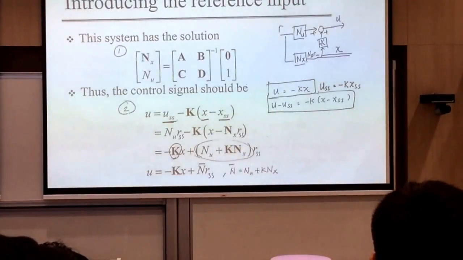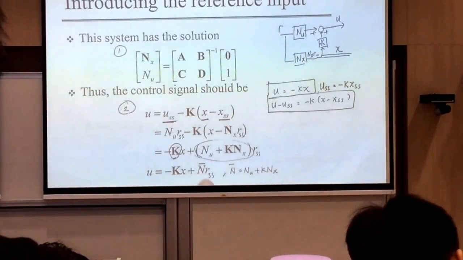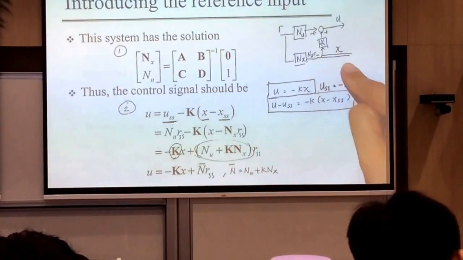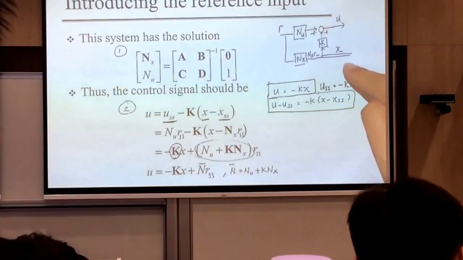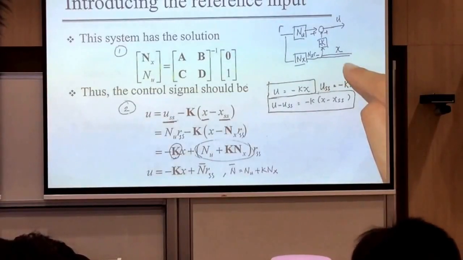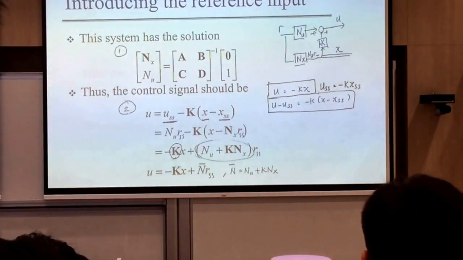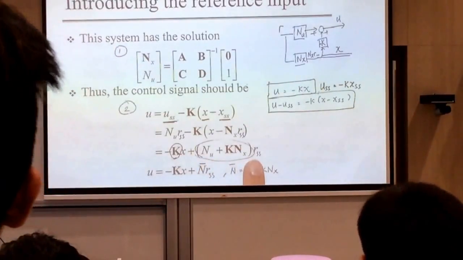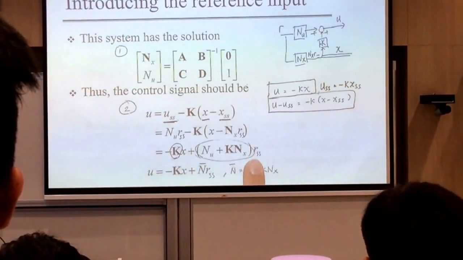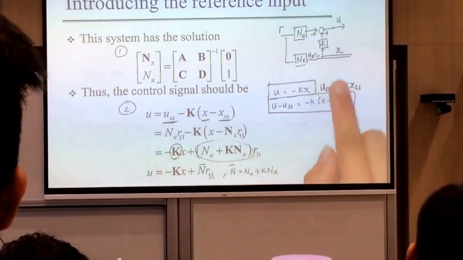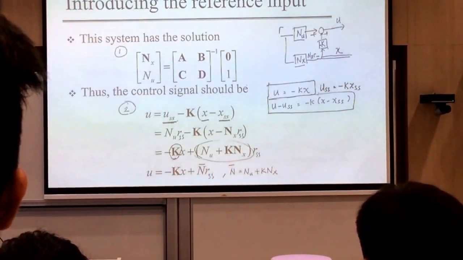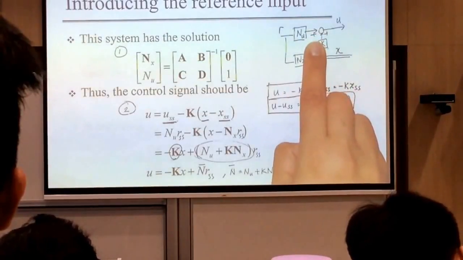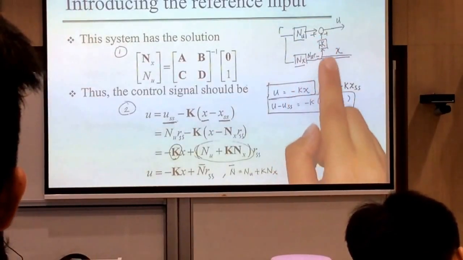How do you implement this in a block diagram? You draw this into this. Okay? So, if you can follow me, what you do is you take Nu times r, plus K times Nx. So Nu times r here, positive sign, plus.